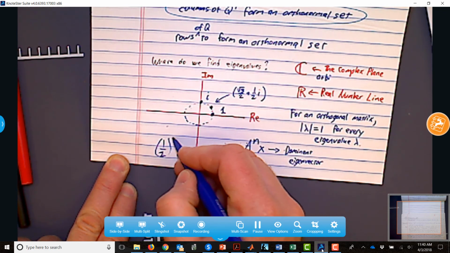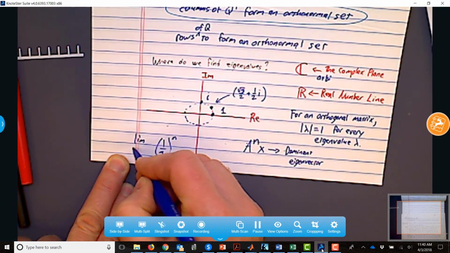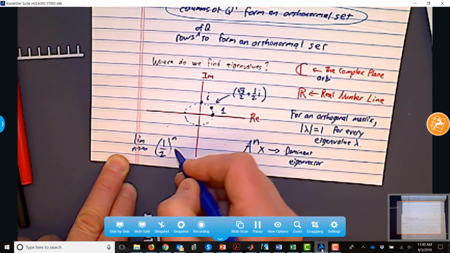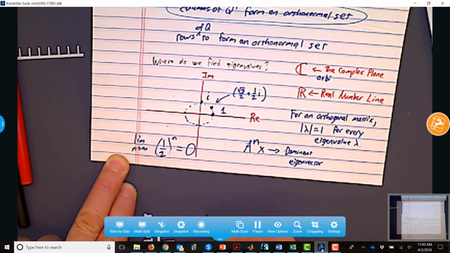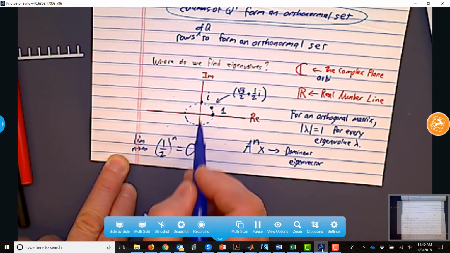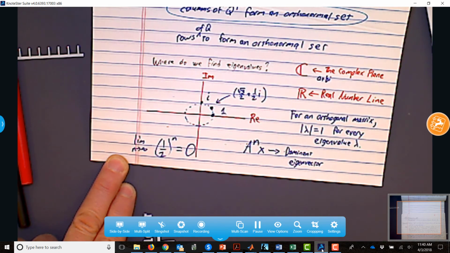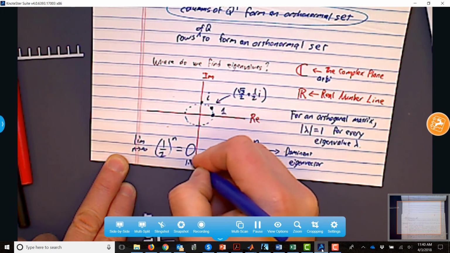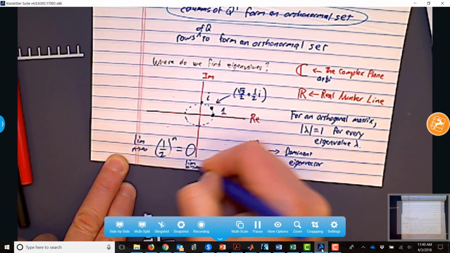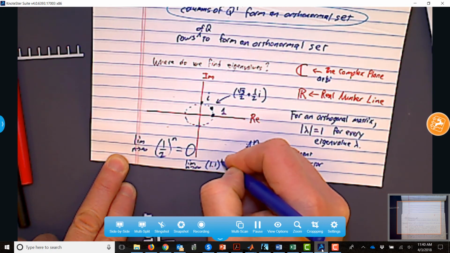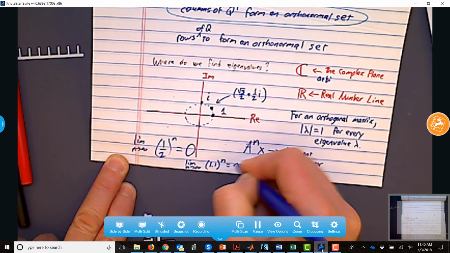But right now I'm thinking about this, guys. The limit as n goes to infinity of 1/2 to the n power is 0. Anything inside this circle, if you repeat it over and over again, goes to 0. What about outside the circle? What's the limit as n goes to infinity of, say, 1.1 to the n power? That's infinity.